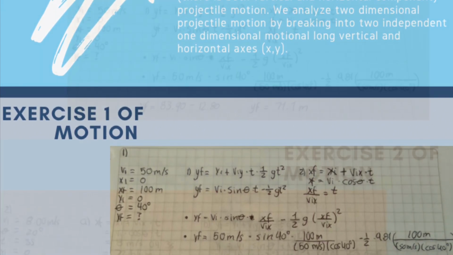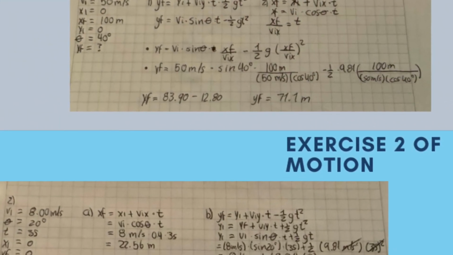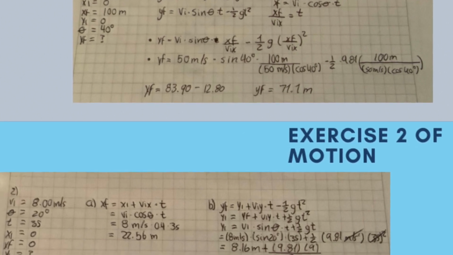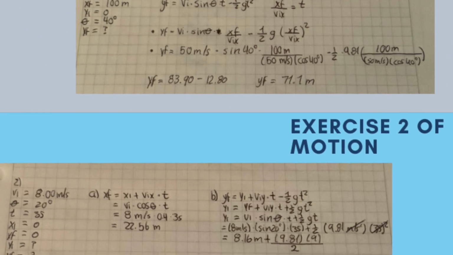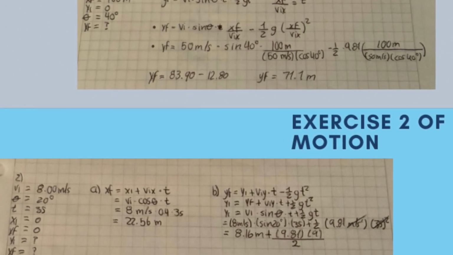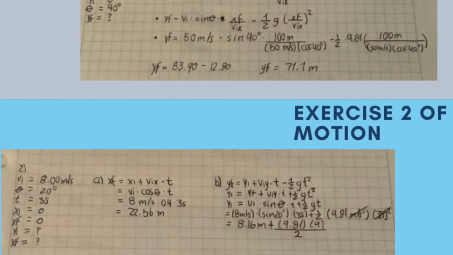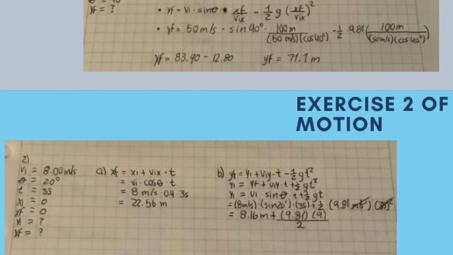Then Yf is equal to Vi times the sine of the angle times t minus 1/2 g t squared. Xf is equal to Xi plus Vx times t, the time. Xf is equal to Vi times cosine of the angle times the time.